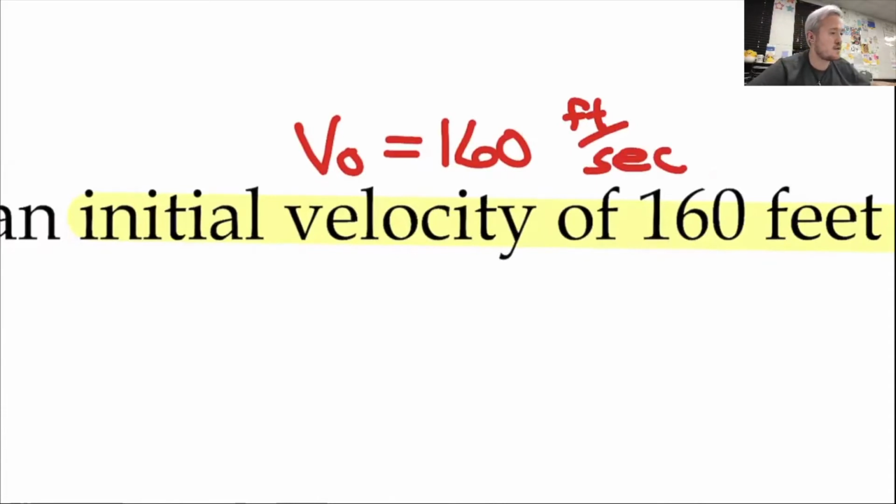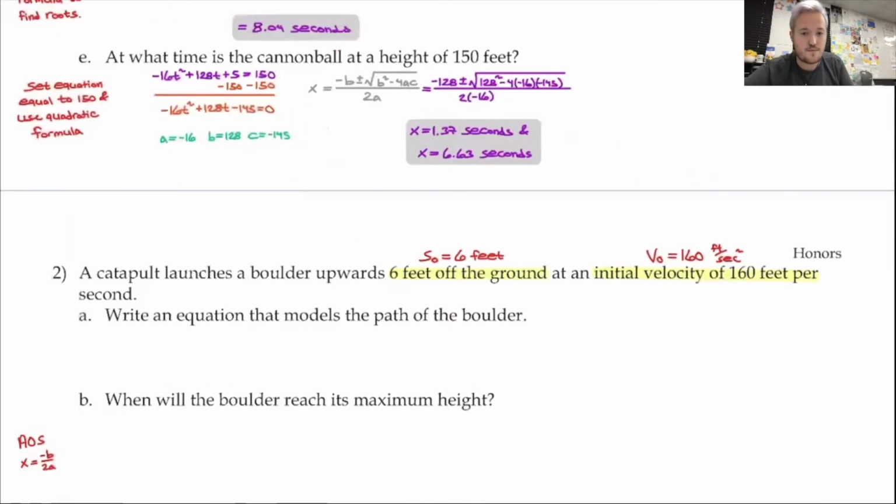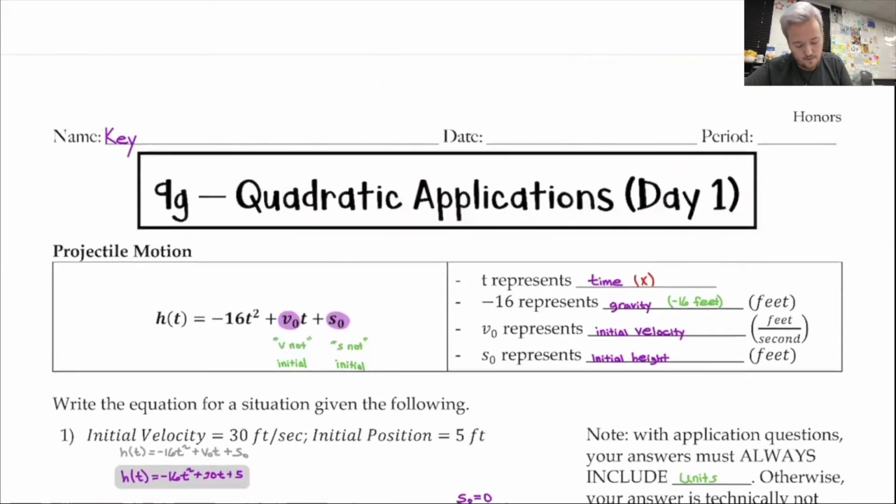Is it feet per second or feet per second squared? That's gonna drive me nuts. It is squared. Whoopsies. That is squared. All right, let's go back up here and fix all these.